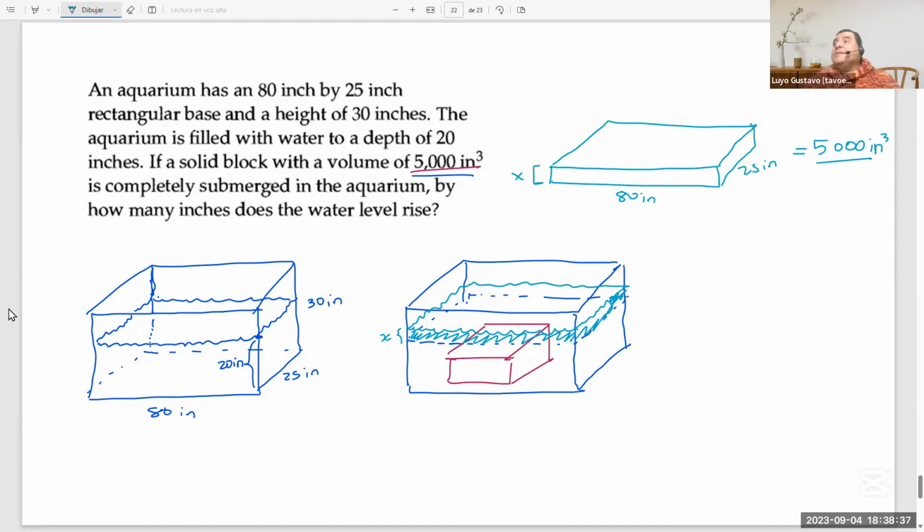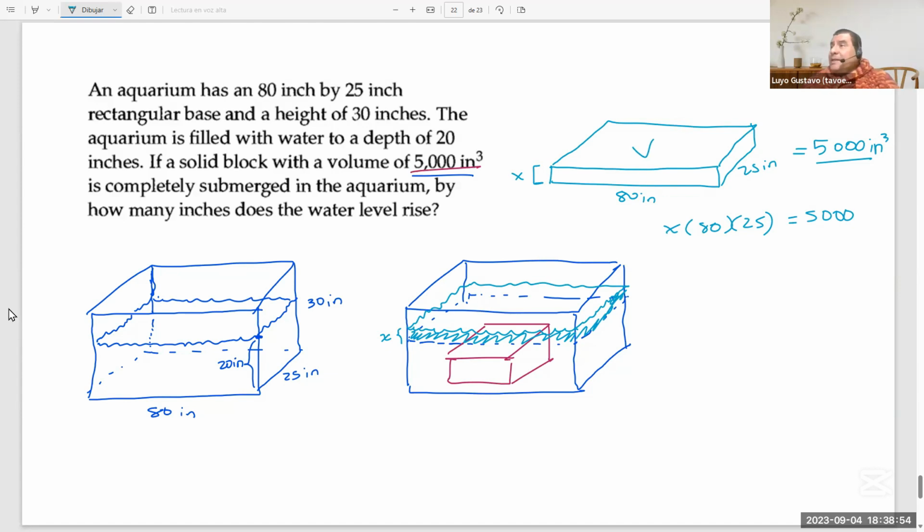So we can calculate it by simply multiplying x times 80 times 25 equals 5,000, because that's how we obtain the volume of a box, multiplying the 3 edges.